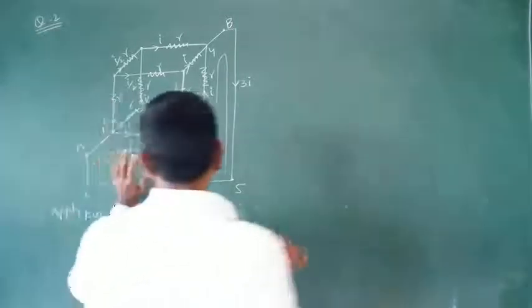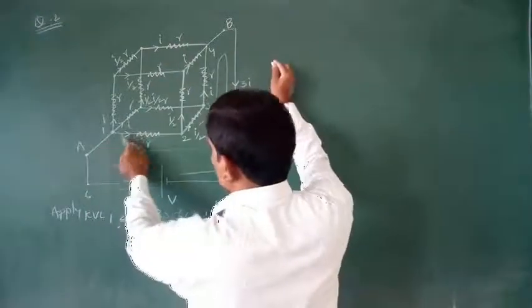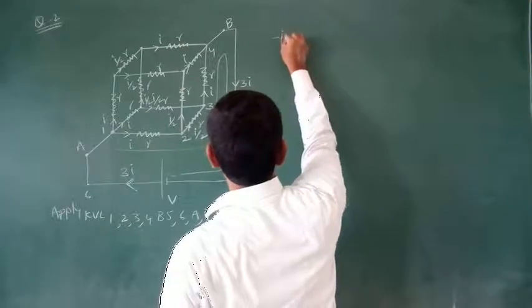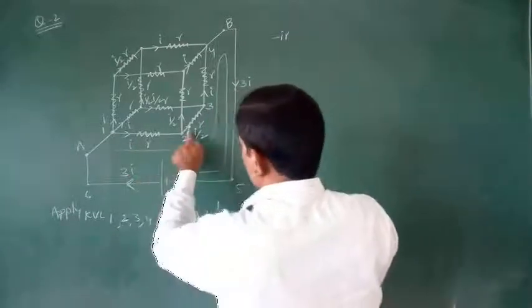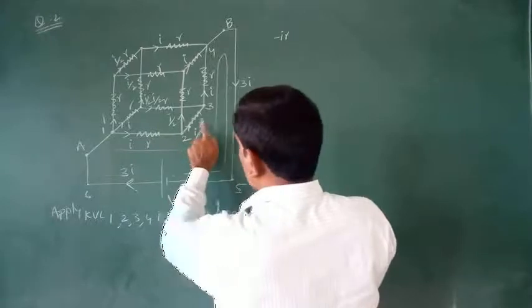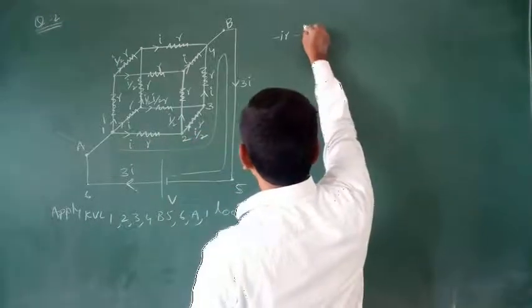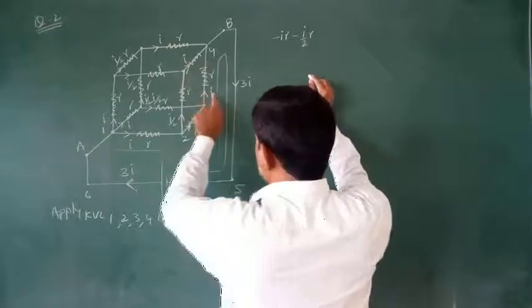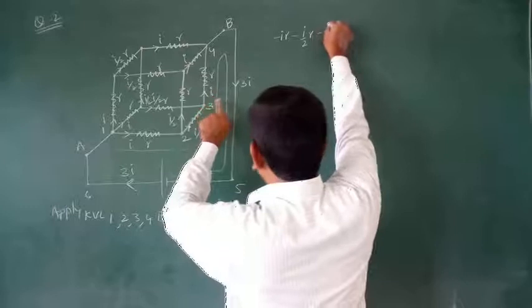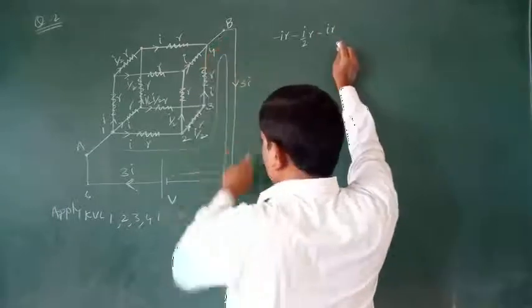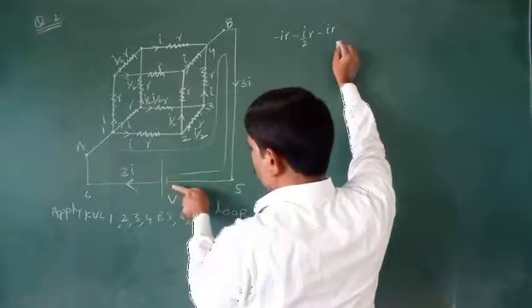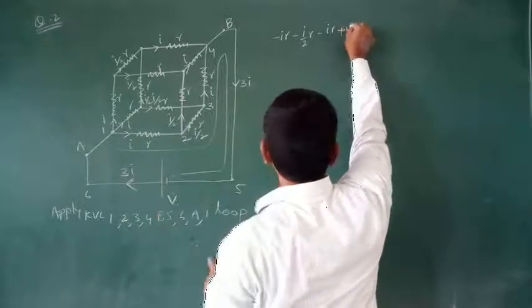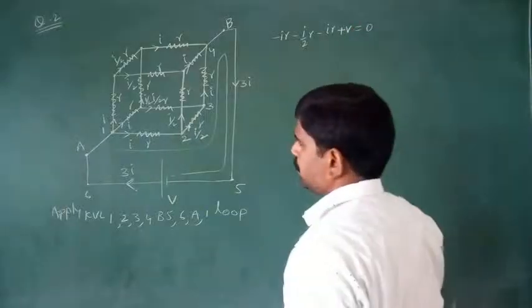When we are applying Kirchhoff's voltage law, what is the potential drop across this resistor? Potential drop is I into R. Here I by 2 is the current and R is the resistance, so the potential drop is I by 2 into R. For this loop, that is minus IR. Next, we are moving from the negative to the positive terminal, which means plus V is equal to 0.